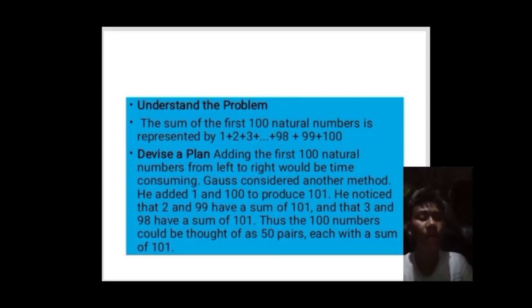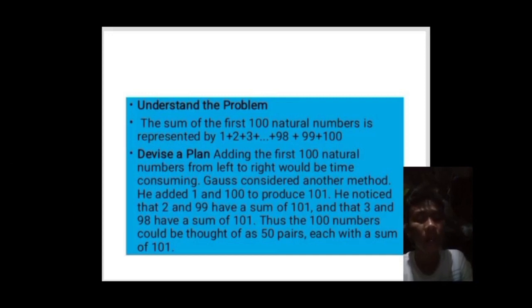The first step, understand the problem. The sum of the first 100 natural numbers is represented by 1 plus 2 plus 3 plus ... plus 98 plus 99 plus 100. Next step, devise a plan. Adding the first 100 natural numbers from left to right would be time consuming.